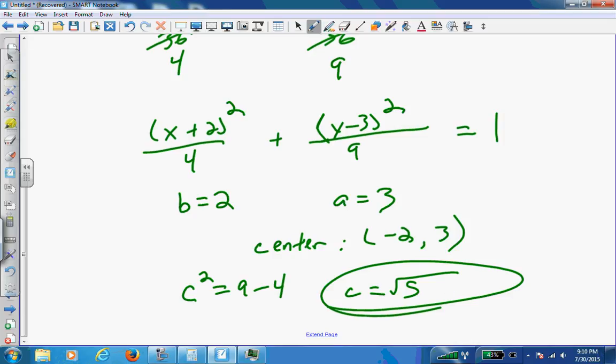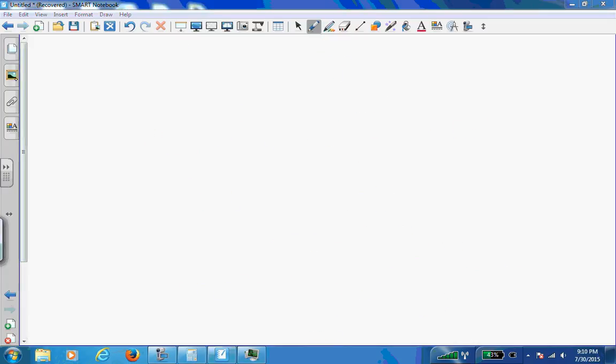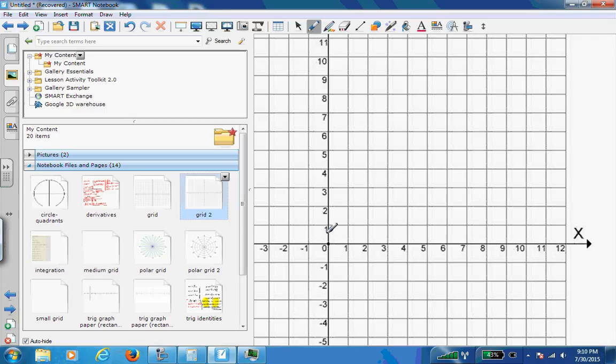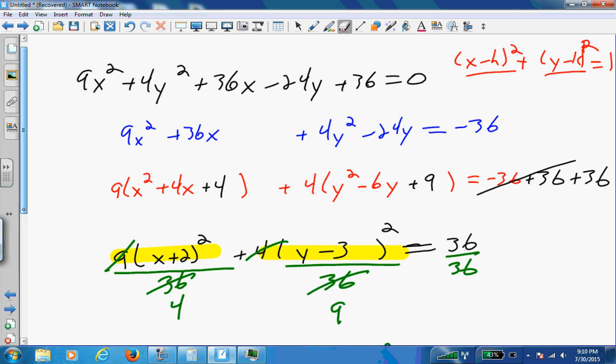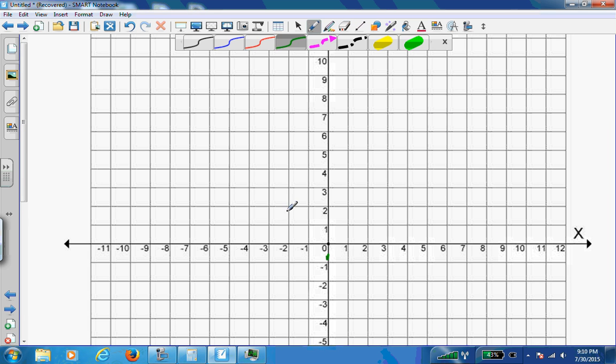So if we want to plot that, let's come over, pull up a grid. Our center is at -2, 3. There.